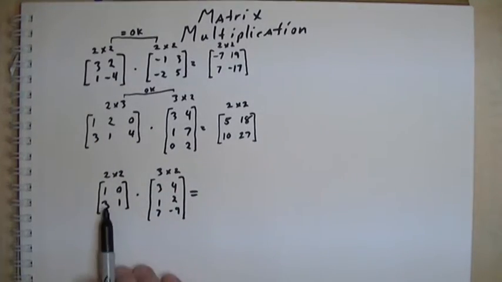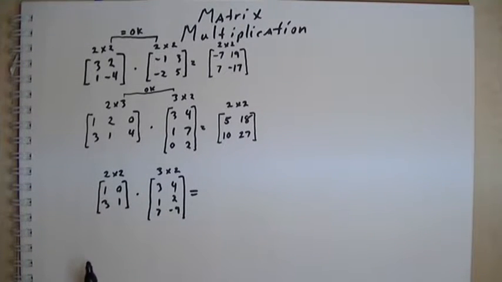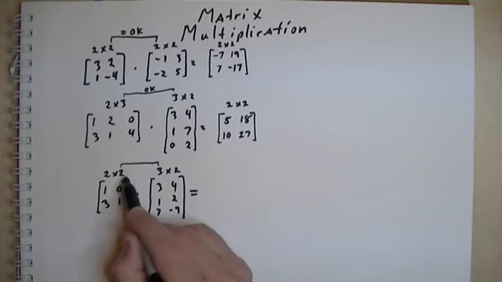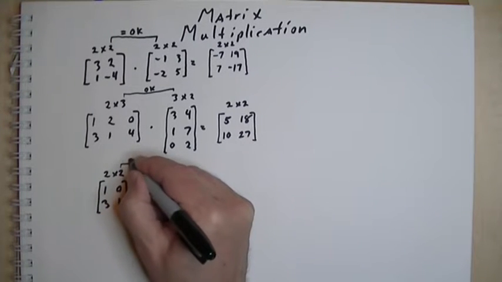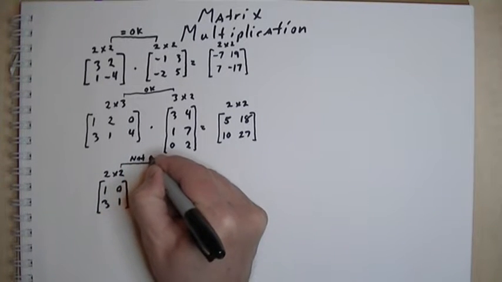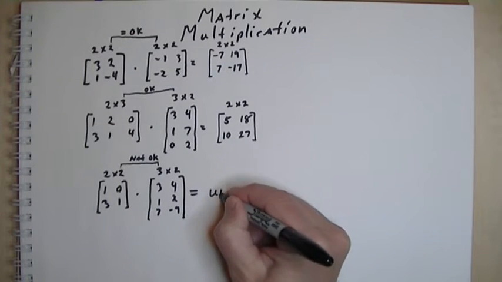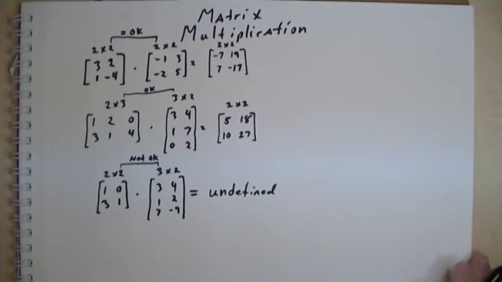And then they'll usually have one like this. And if you actually do the analysis, you have a 2 by 2 here, a 3 by 2 here, and if you do the analysis of the columns here and the rows here, they do not match. So not okay. And again, just like when you are unable to do the addition and subtraction, the correct answer is undefined. And that's how you do matrix multiplication.